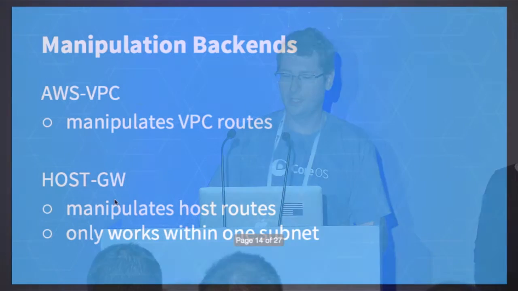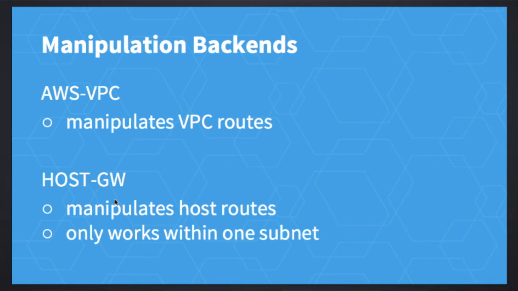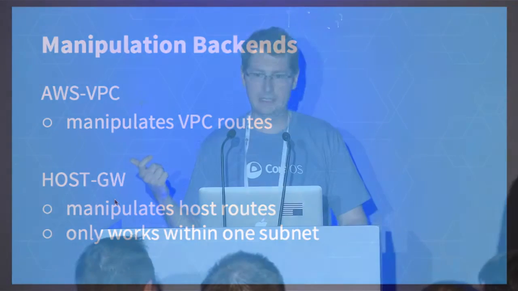We also have two backends that have been graciously contributed by the community, and I'm calling them manipulation backends. So instead of encapsulating the packets, what they do is they manipulate different routing tables. The first one, the AWS VPC, basically manipulates the VPC router to say that this subnet is actually being backed by this instance.